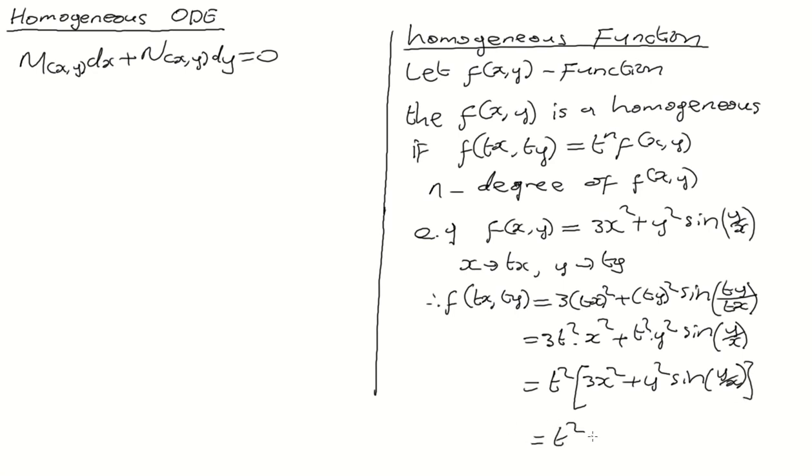What we see here is that this that we have down here is exactly the original f of xy that we started with. So we can write this as f of xy, because we can see it's the same thing.